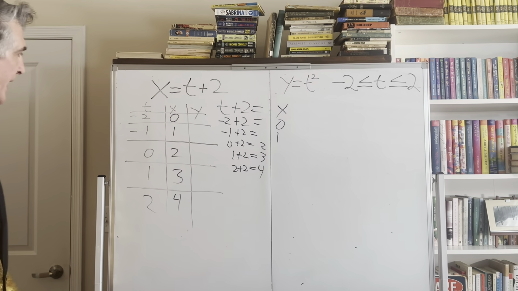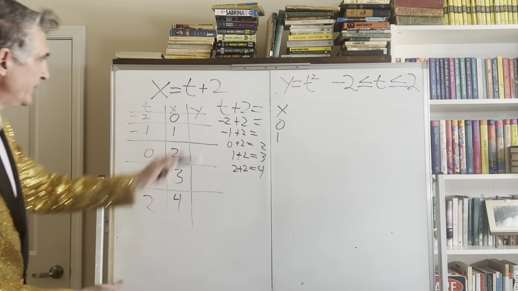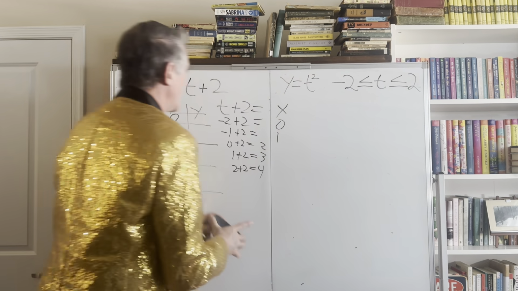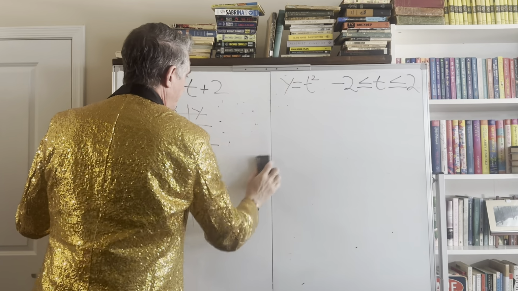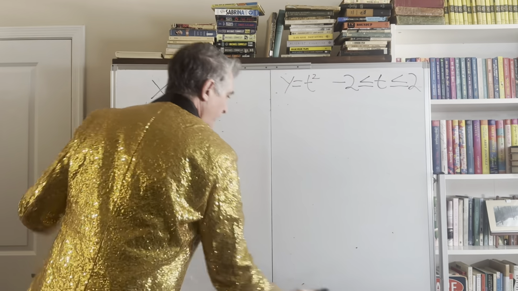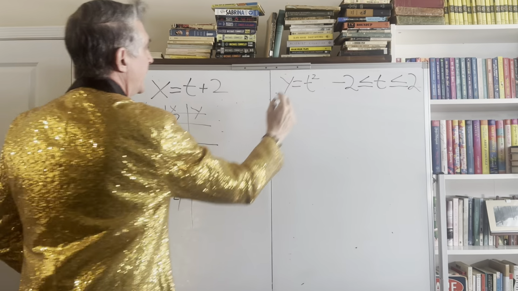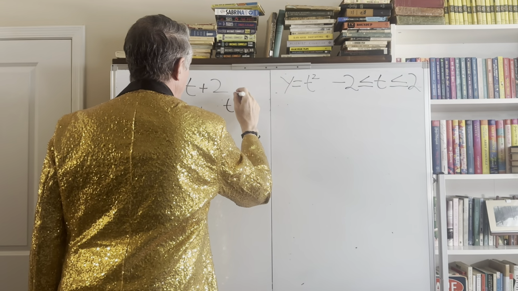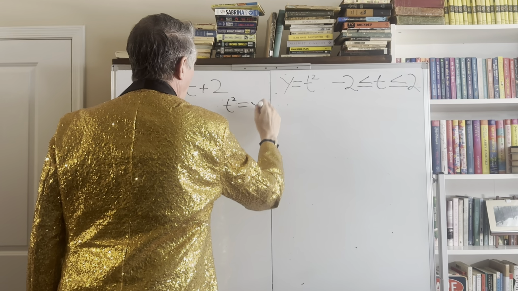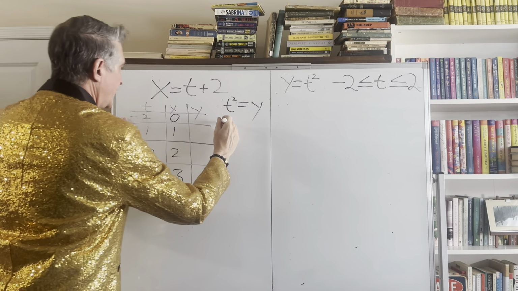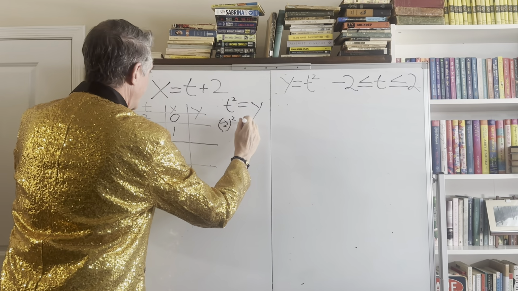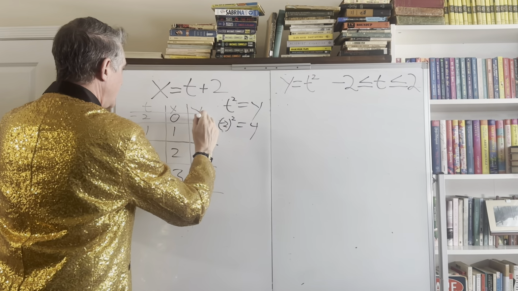All right, well, our x values are taken care of. I'm going to go ahead and erase this right here so we can conserve space, and we're going to take care of our y over here. Okay, well, we've got t squared is going to be equal to y. Let's go ahead and solve for this. Well, plug in -2 here, square it, gives us a +4.